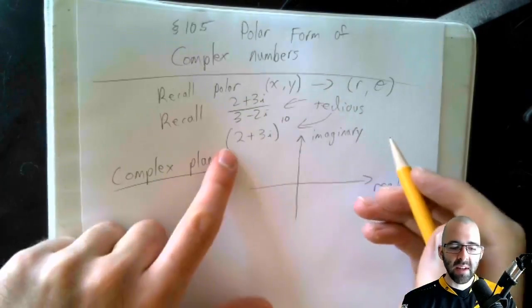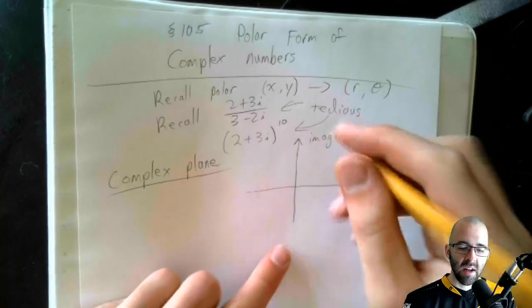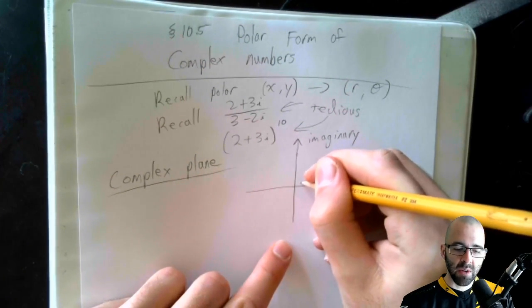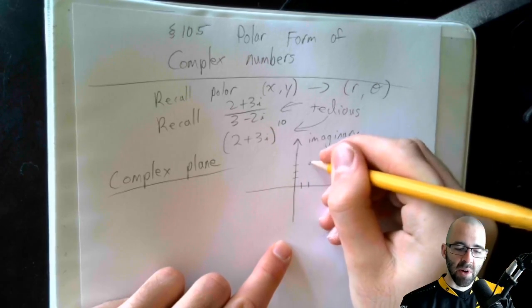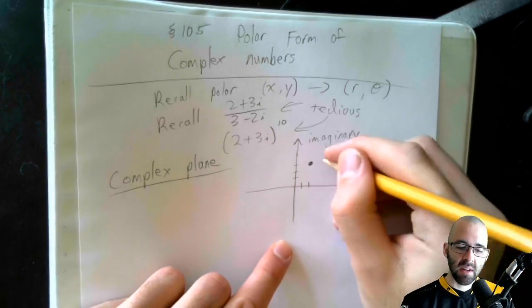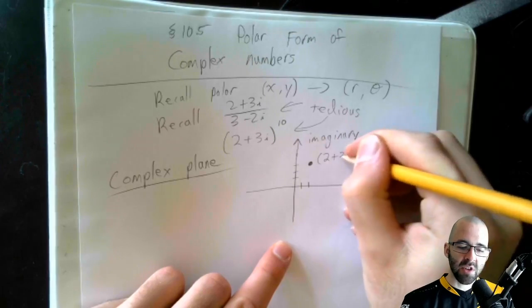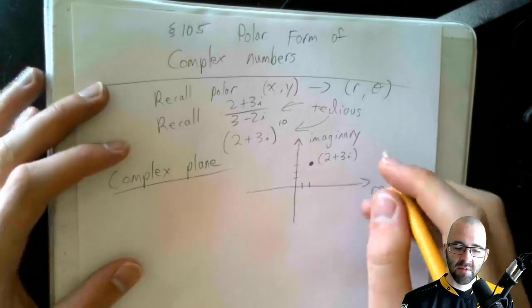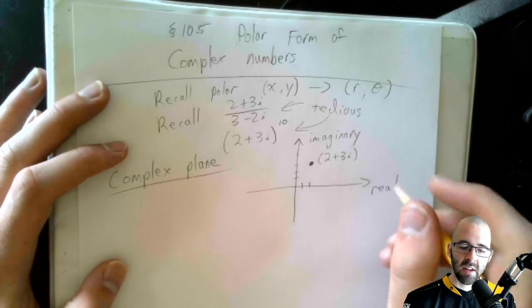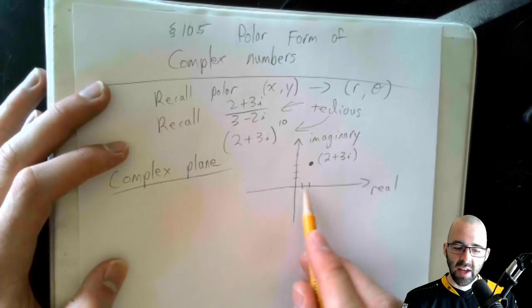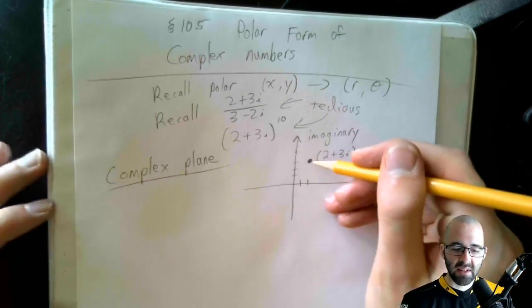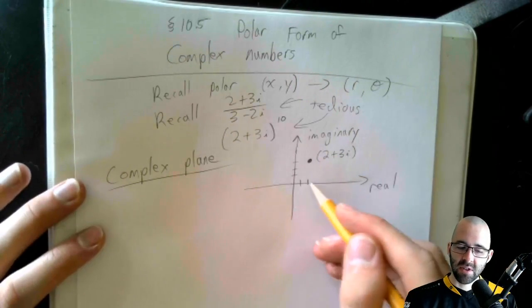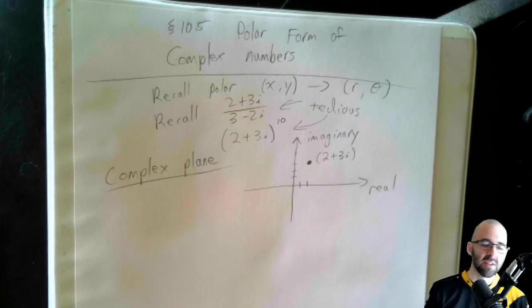To graph a point like 2 plus 3i, we find the point where the real value is 2 and the imaginary part is 3. This is how we plot the point 2 plus 3i. The x-coordinate is the real coordinate, and the y-coordinate is the imaginary part. So it's just 2, 3, and that's the complex plane.